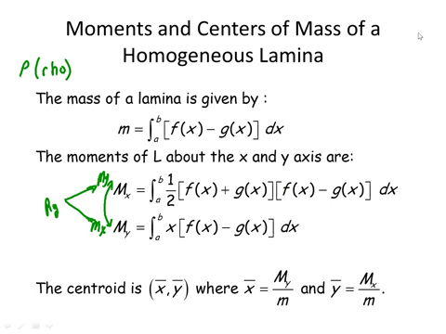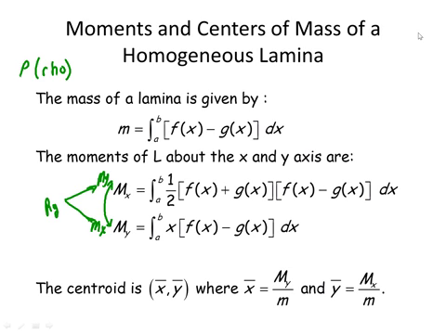So you're just going to flip-flop those. And then, of course, it'll be right minus left. So again, the formulas that I gave you on your formula page are for R sub x regions only. If you do have an R sub y region, you're going to have to flip-flop your m sub y and m sub x.